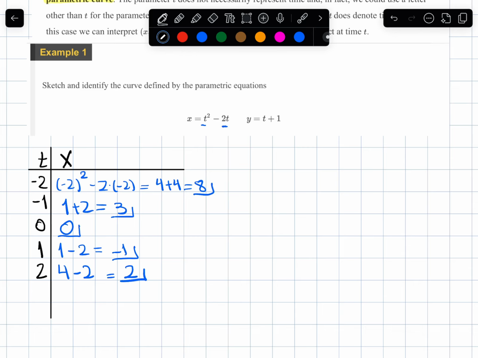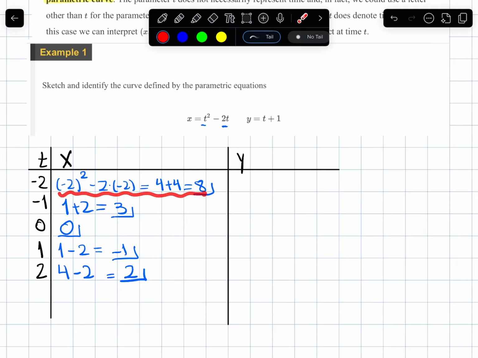And then I can do the same with the y values. Let me extend this even more so I can fit the y's into my table. You don't have to keep your calculations as detailed as I am doing with my table. You can have a separate sheet where you do the calculations yourself, or you can do that in your head most of the time. Mental math is fine at this level. For y, the math is a little easier.